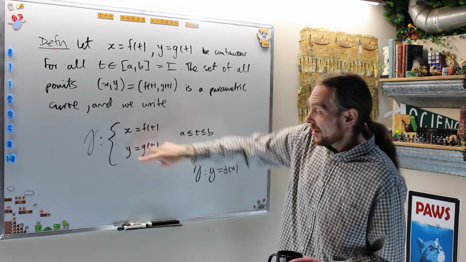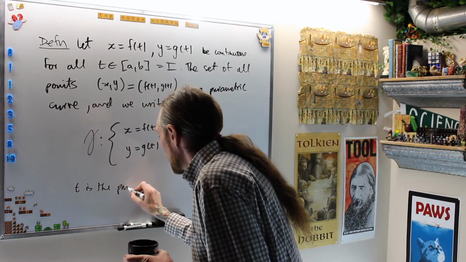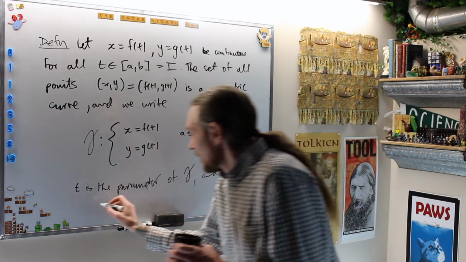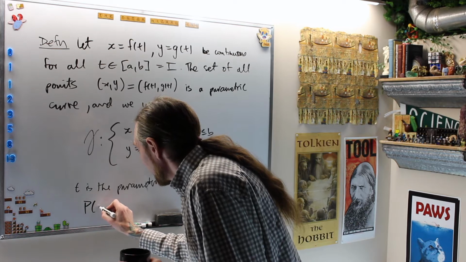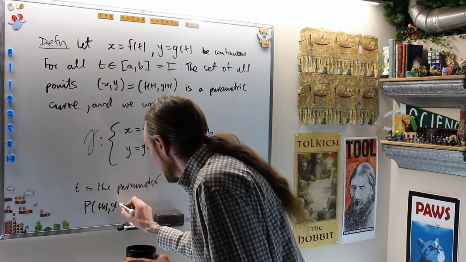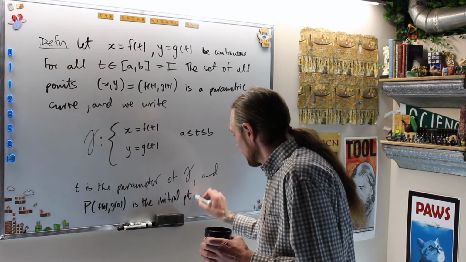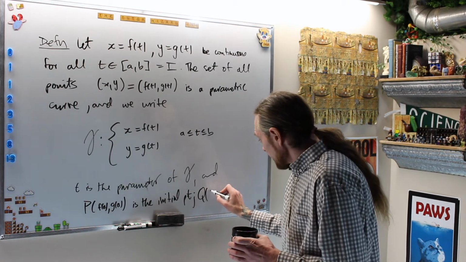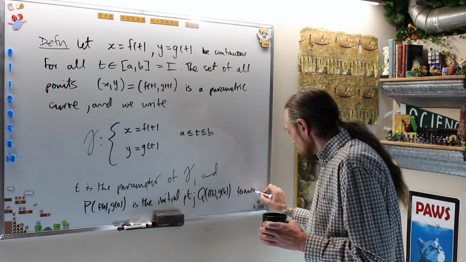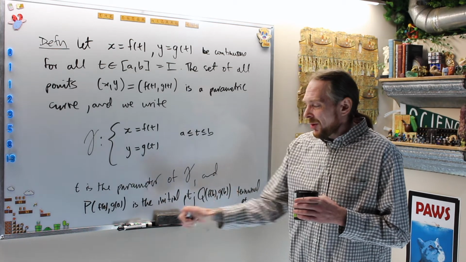Instead, we're going to write the ordered pairs as functions of time which range over something, as t is the parameter of the curve, and also P, f of a, g of a, is the initial point, and Q, f of b, g of b, is the terminal point of this curve. So it's where you begin and you end. This will become important eventually.